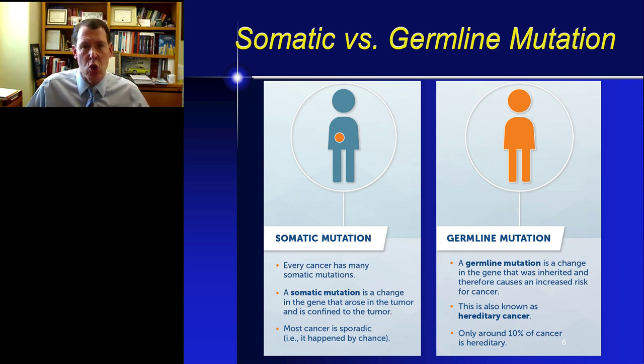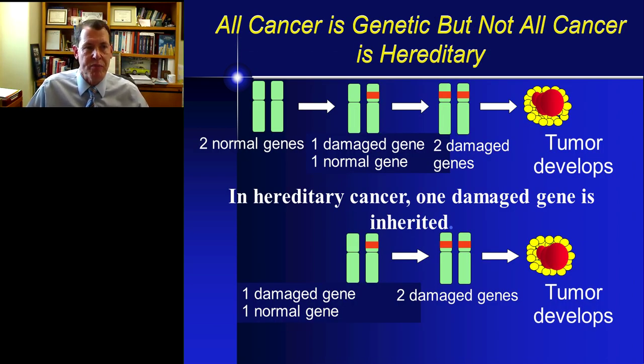Compare that to germline mutation, where a mutation occurs in the DNA that's inherited. And we'll talk about that a little bit further. And that would form the basis for development of hereditary cancer. So all cancer is genetic, but not all cancer is hereditary. So that's an important distinction.